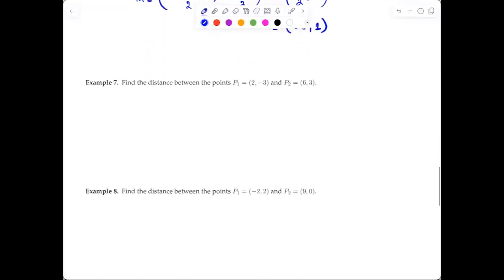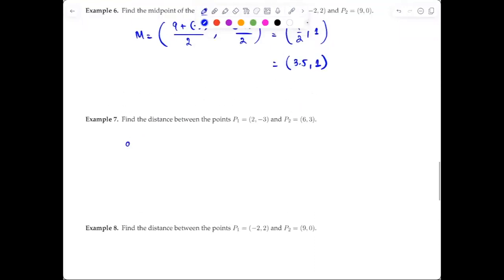Number 7 and number 8, questions about distance. The distance here is square root of 6 minus 2 square plus 3 minus -3 square. So you got square root of 4 square plus 6 square.